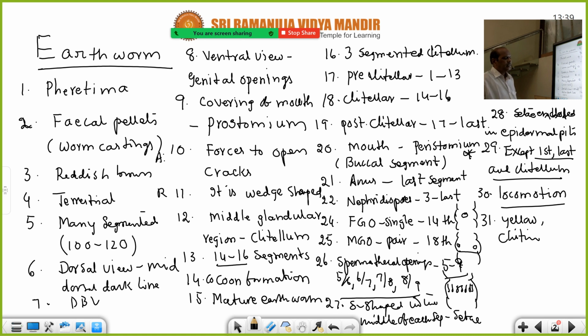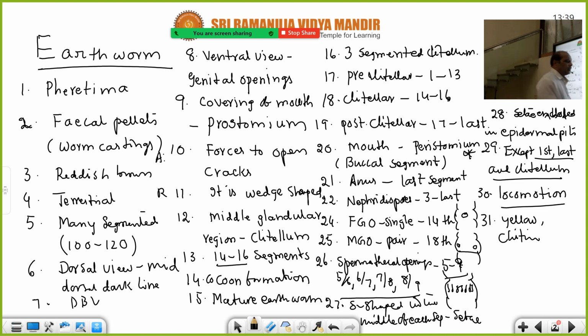S-shaped structures in the middle of each segment embedded in epidermal pits are called setae. Okay na? Right.